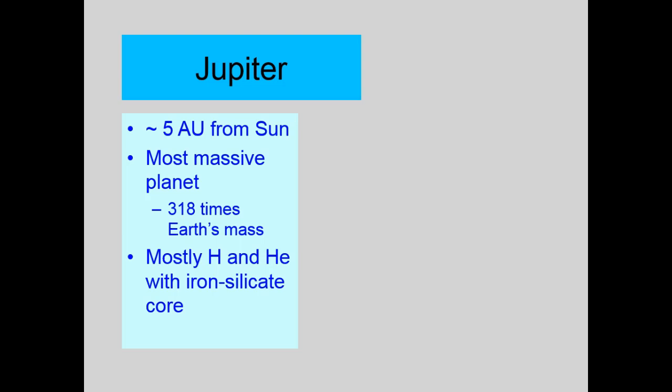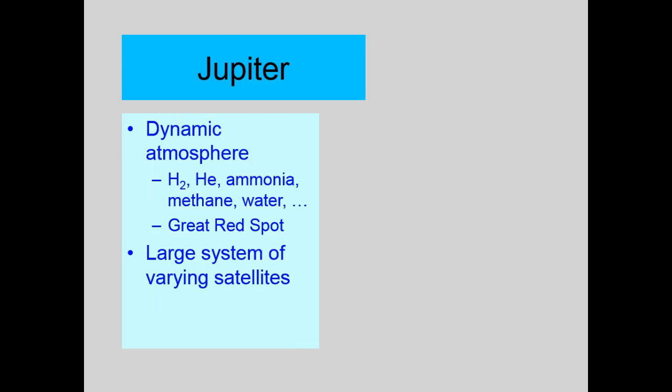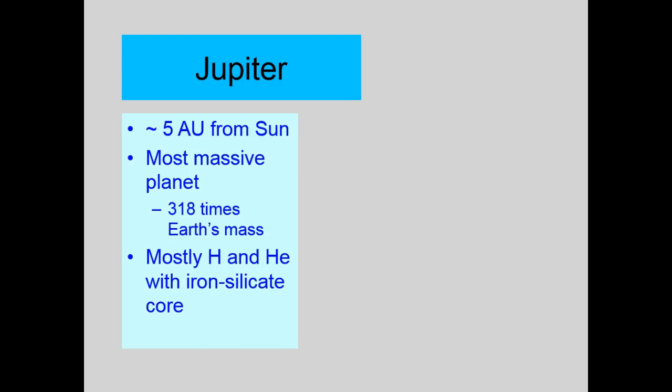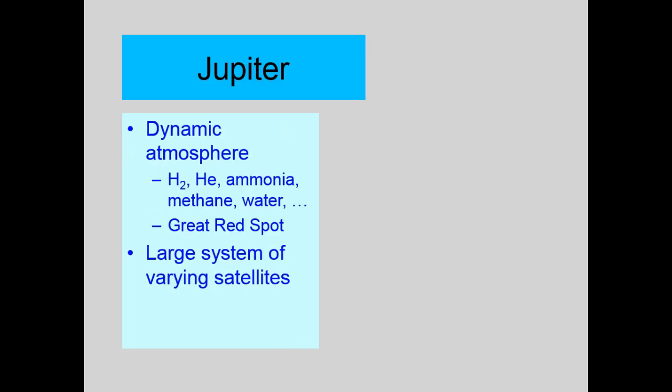In your book, they show a lot better detail of that Great Red Spot, and I'll let you look at those pictures. Okay, it has a dynamic atmosphere. That's what I was just talking about. It's always changing, always moving, always mixing.